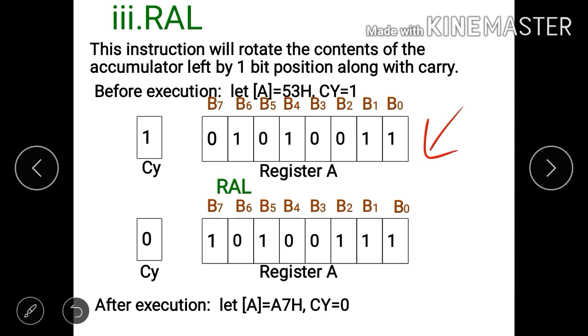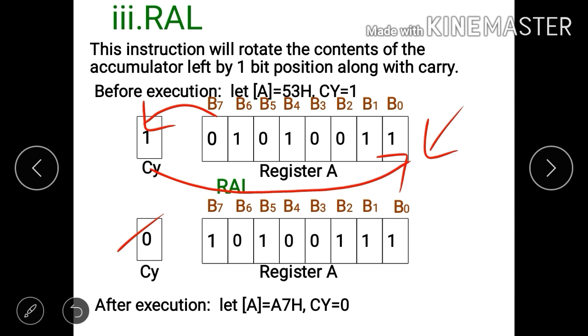After executing the instruction RAL, the bit B7 is placed in carry. That means the content of B7 is 0. The 0 will be placed into the carry. After that, the carry is placed in B0.